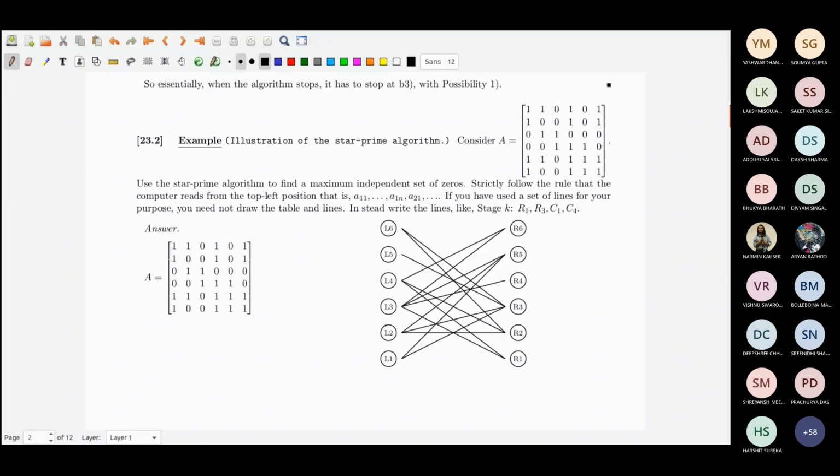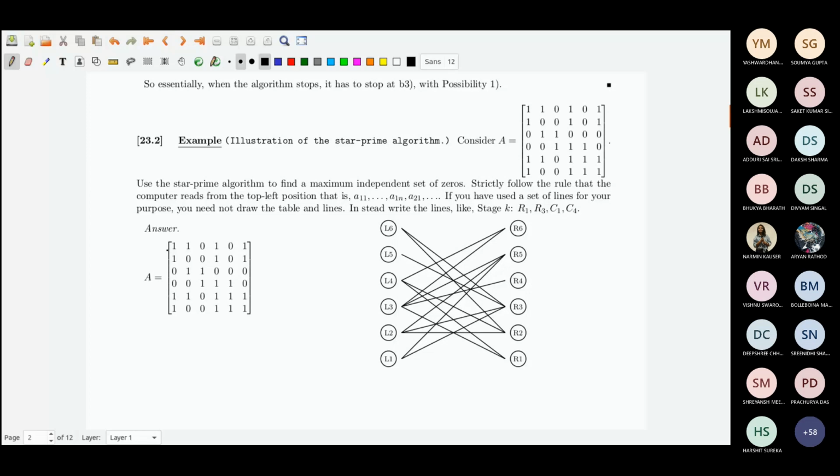Okay, so first what you do now, the first thing the algorithm says, you star them, and actually you can star them arbitrarily also, as a human being, but definitely not in the exam.